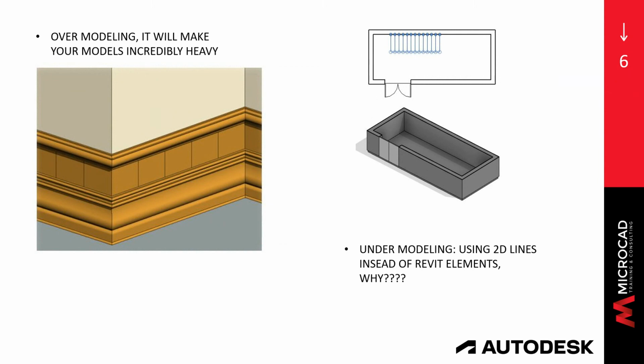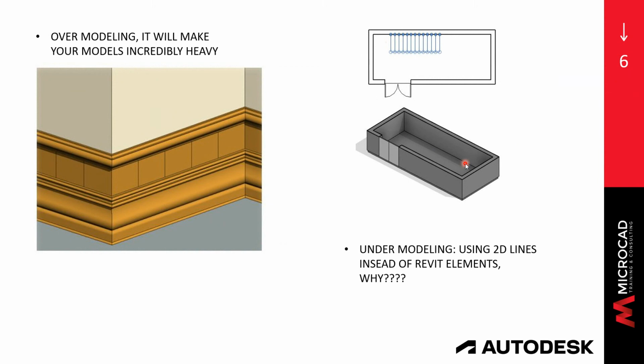Keep it simple. Again, I have to mention, Revit models are by nature heavy dudes. You don't want to add to that heaviness. And then on the flip side to the over modeling, we have the under modeling. This situation where somebody created some lines, but if you look into the 3D model, the stairs are not there.